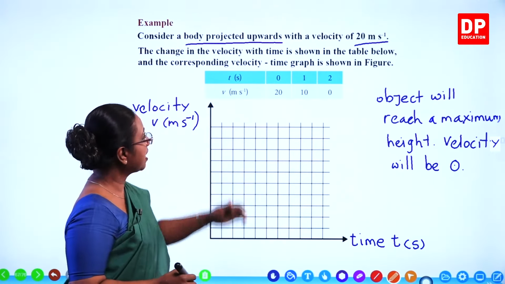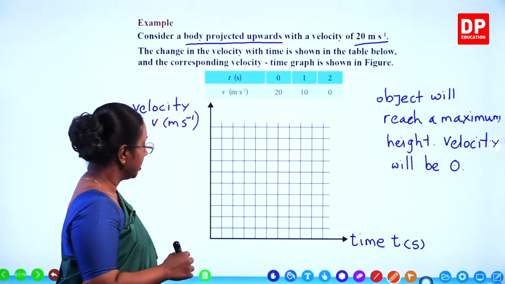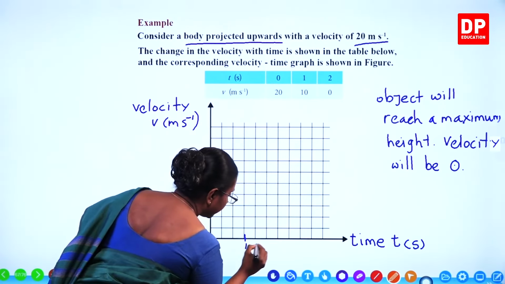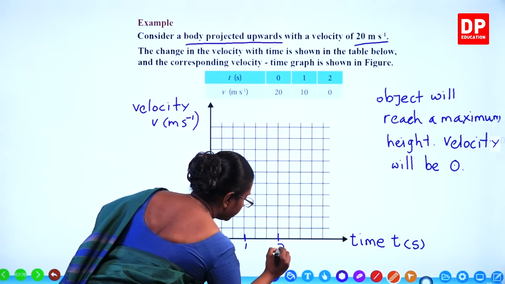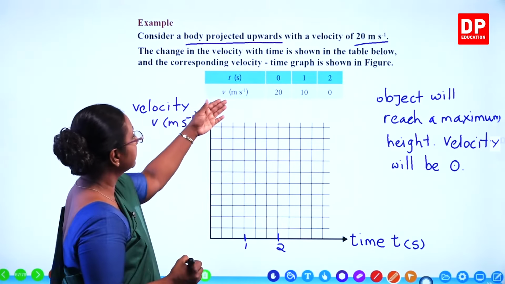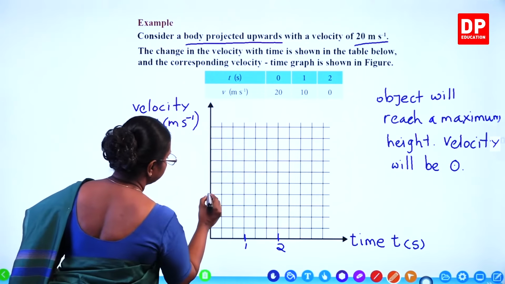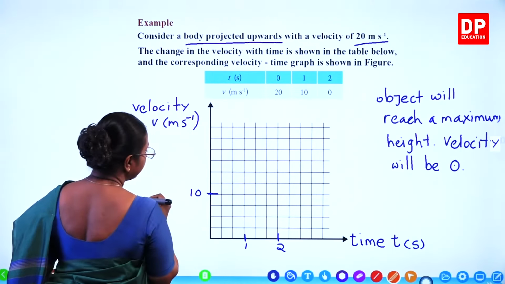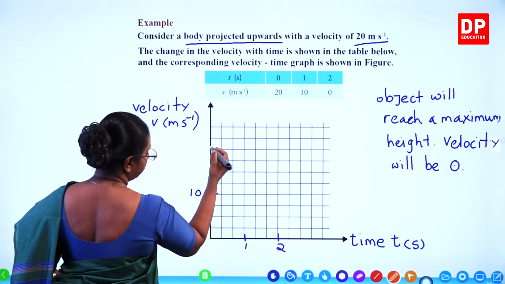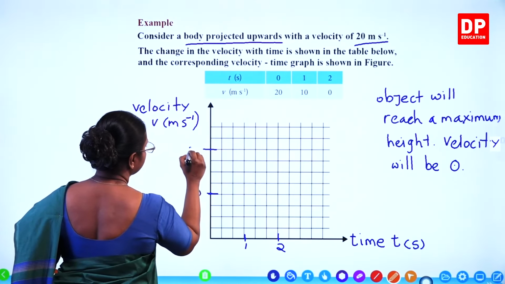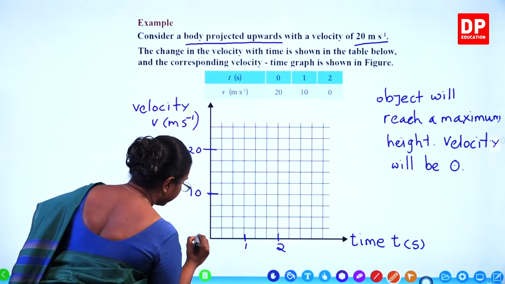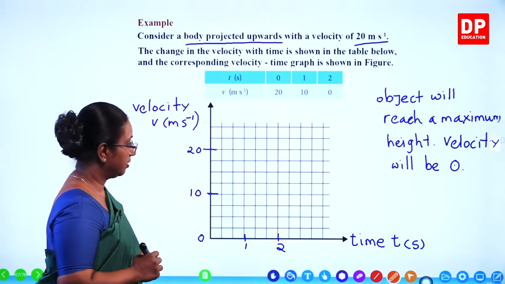Then we mark the values. There are only 2 seconds, so I can take this as 1, 2 seconds, and the velocity actually decreases from 20, then it becomes 10, and finally it becomes 0.